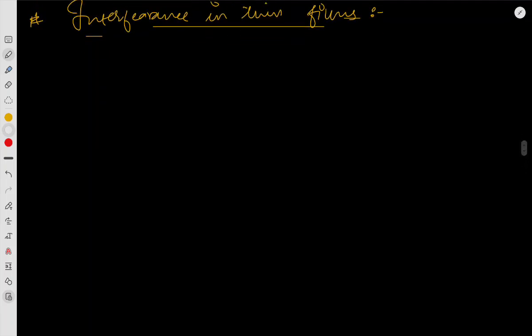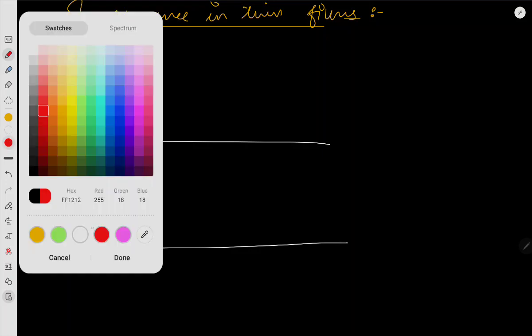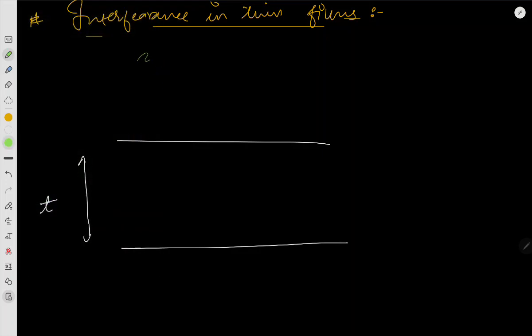So the light is getting reflected. Let me draw a thin film for our understanding purpose. I'm drawing it large. This is our thickness T, and there is this light which I'll draw in green color that arrives at this point. Two things would happen.